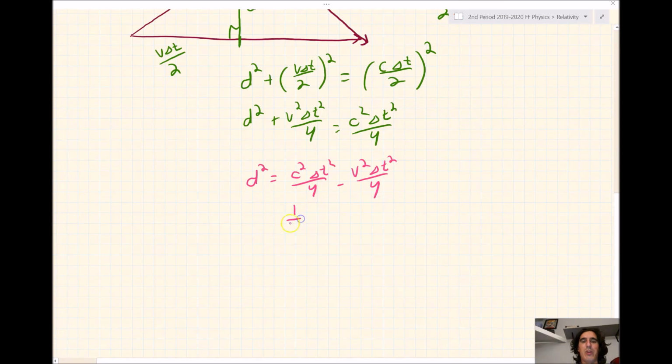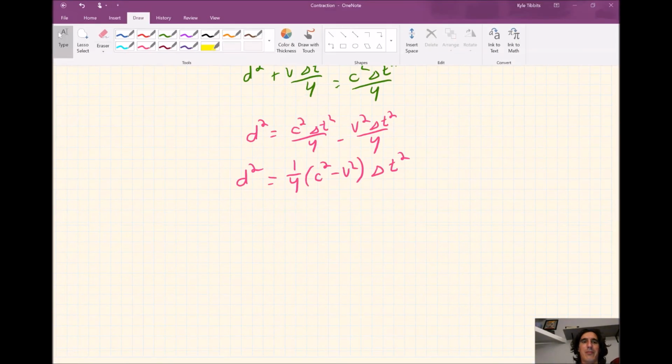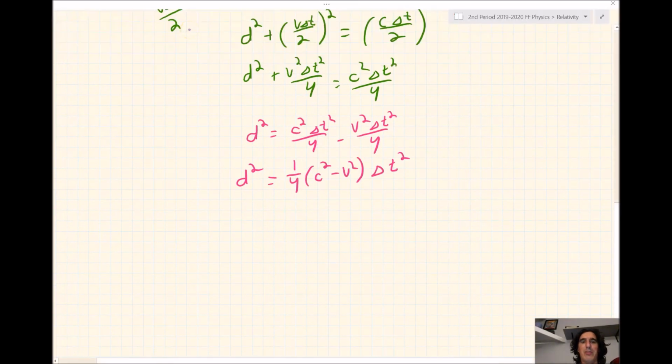So we could do 1/4, since it's on the bottom, times (c squared minus v squared) times delta t squared is equal to the distance squared. Let's multiply both sides by 4. 4d squared all over c squared minus v squared is equal to delta t squared.